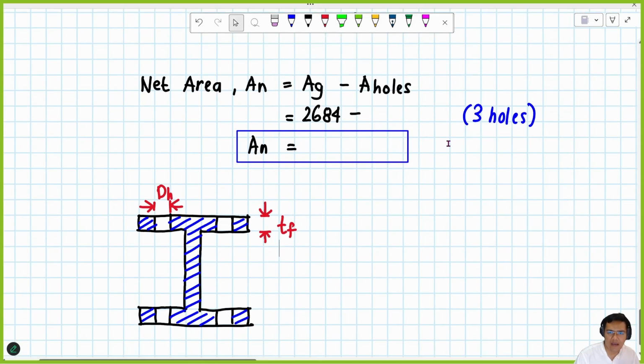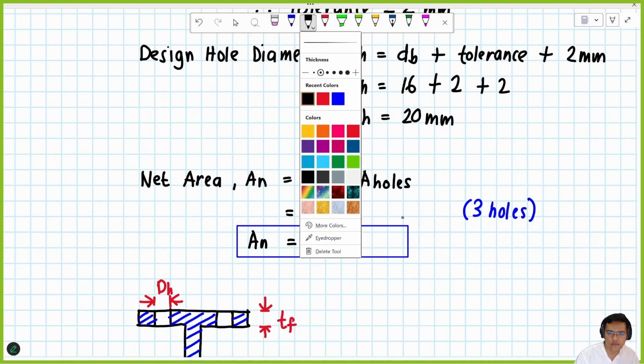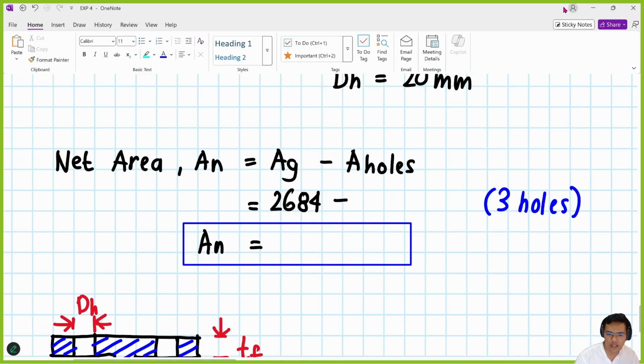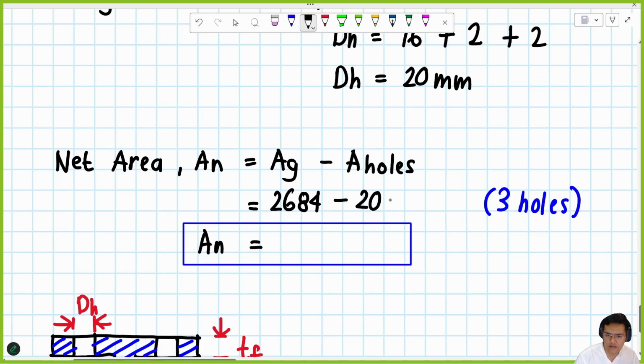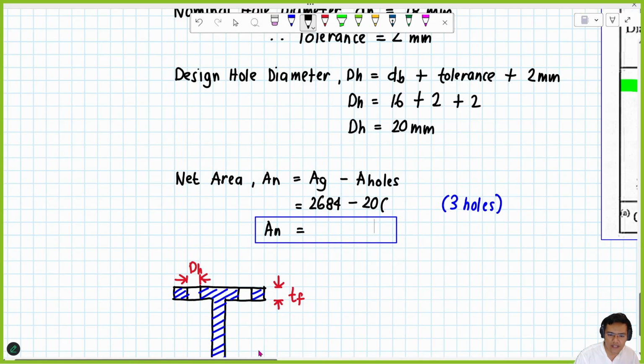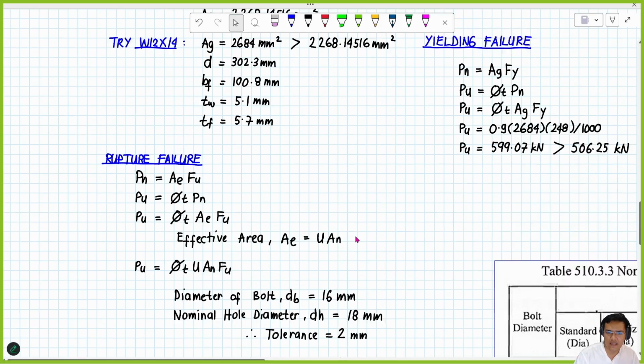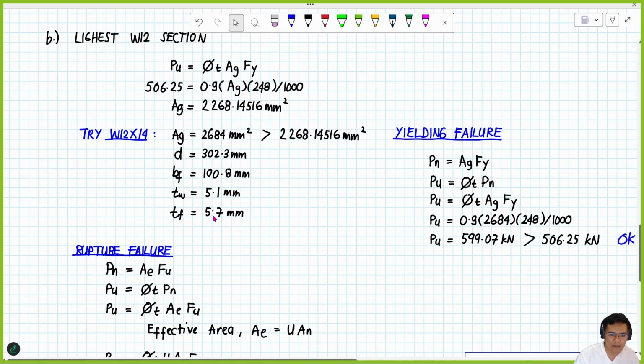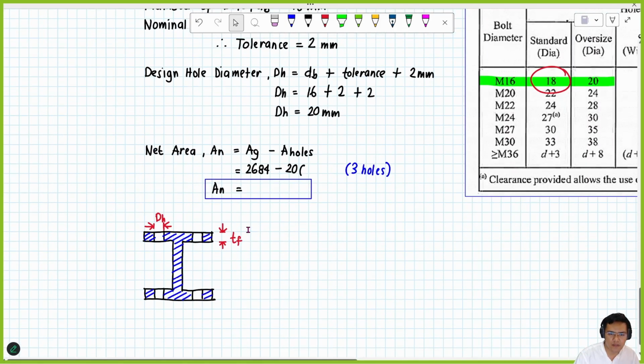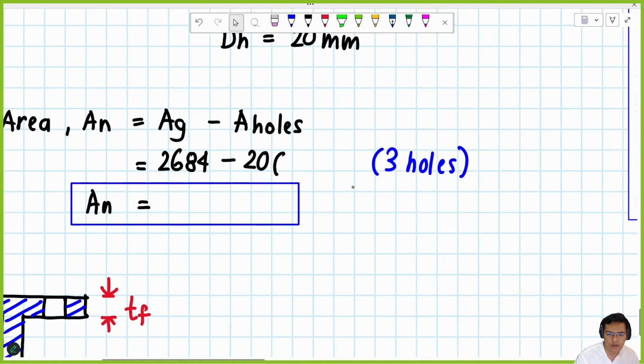So, we could have the diameter of hole 20. Okay, 20 times our thickness of flange. That is its height. We gave the one we used earlier, 5.7 millimeters. 5.7, okay?